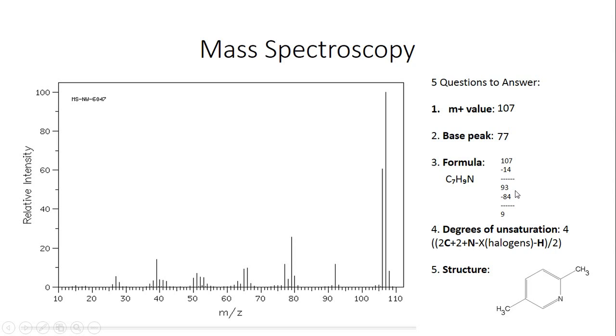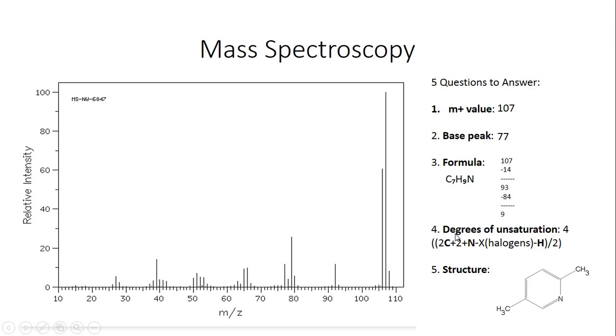Then we go ahead and subtract the molar mass of 7 carbon atoms, because that's the most. 12 will go into 93 7 times, and then we're left over with 9, and that leaves us with 9 hydrogens. So we have 1 nitrogen, 7 carbons, 9 hydrogens, which gives us our formula C7H9N.